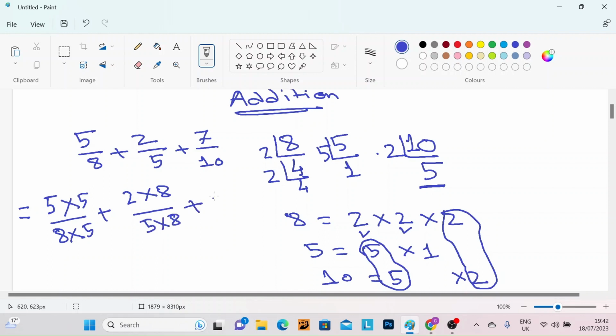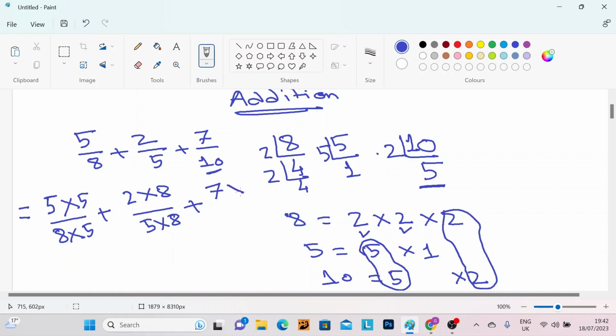Then we have 10 as a denominator and 40 as the LCM. If we divide the LCM by the denominator, that is 40 by 10, we get 4.